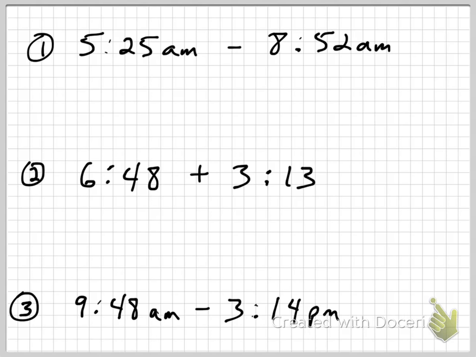How much time is in between number 3? So number 1 and 3 is how much time has elapsed, and number 2 is how much total time.